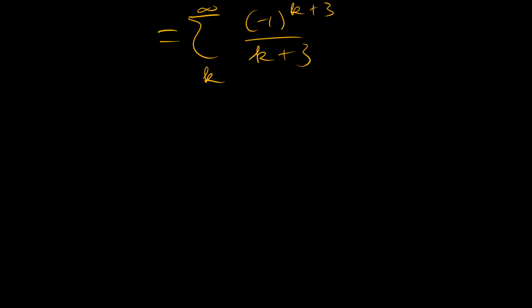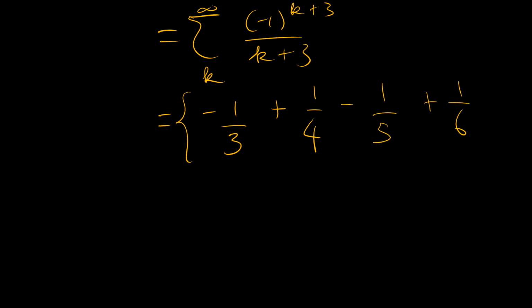Now we can stop there, but we can make things more interesting, because what this essentially is, starting at k equals 0, is -1 over 3, 1 over 4, with k equals 2, 1 over 5, 1 over 6, and so on.